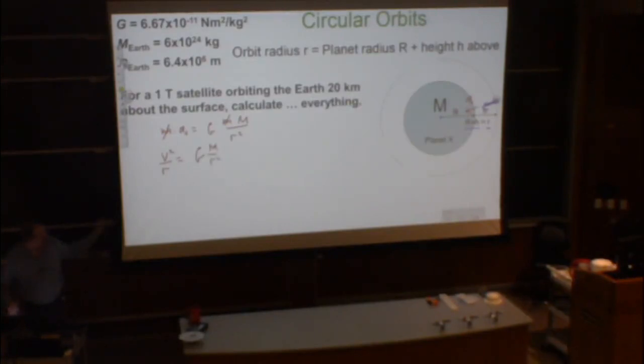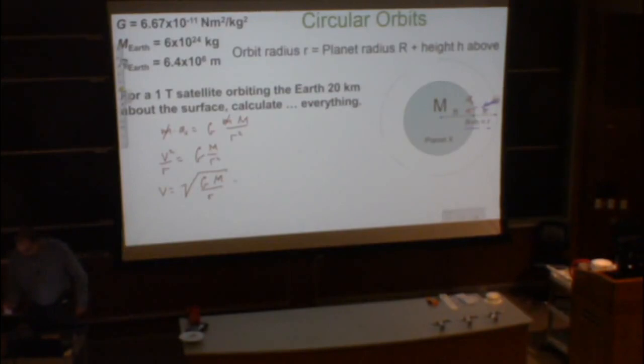Now we have r on the left, r squared on the right, so we can cancel one r and solve it for the speed. This is a standard expression for orbital speed, not just for the Earth. Little m doesn't matter. Big M represents the mass of the so-called central object or central body. And about that central body, there is a satellite orbiting with orbital speed.